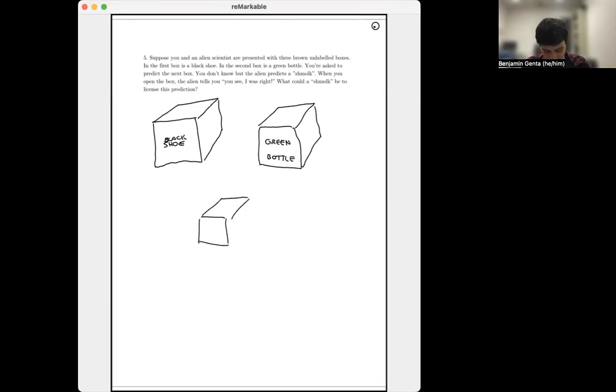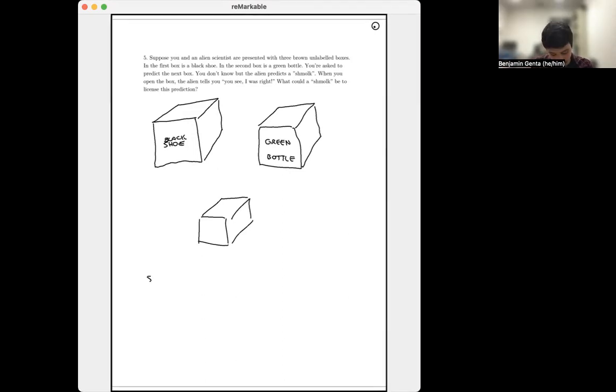And suppose that the alien says, oh, these are schmalks, right? And when the alien opens the third box, it says, oh, look, I was right. It's a schmalk. What could a schmalk be?